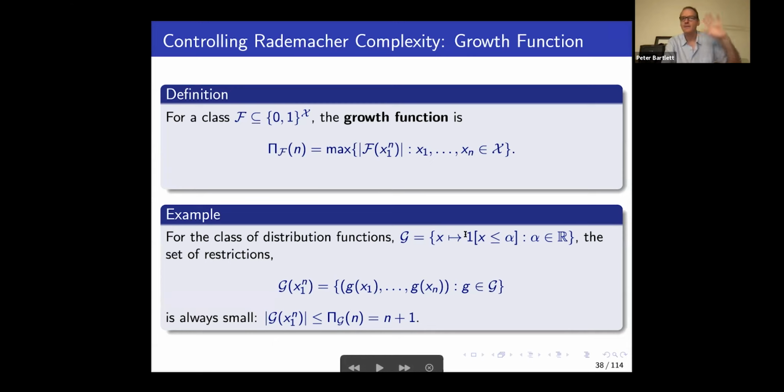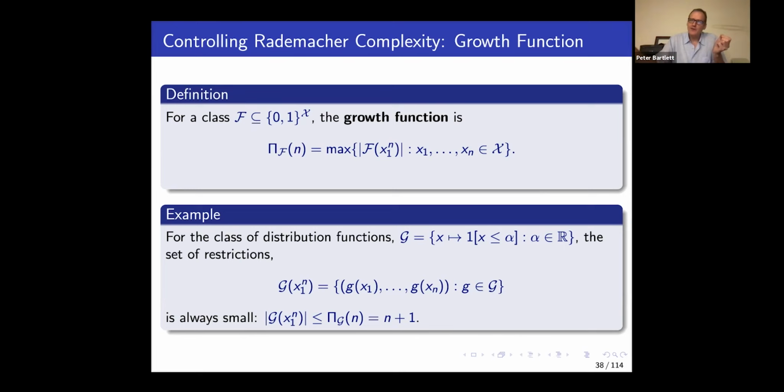So thinking back to the original Glivenko-Cantelli theorem, which is about things being uniform over these indicator functions, think about what the set of restrictions of these indicator functions to samples of size n are going to look like. We take the indicator for x1 being less than some point alpha, indicator for x2 being less than alpha, all the way up to xn, so we get a bunch of zeros and ones.